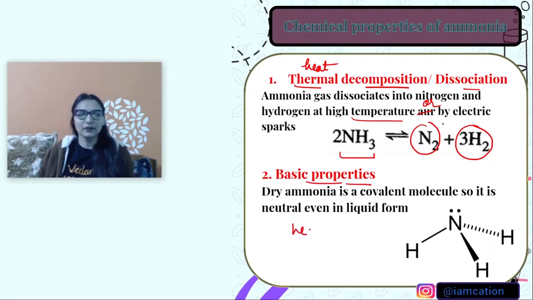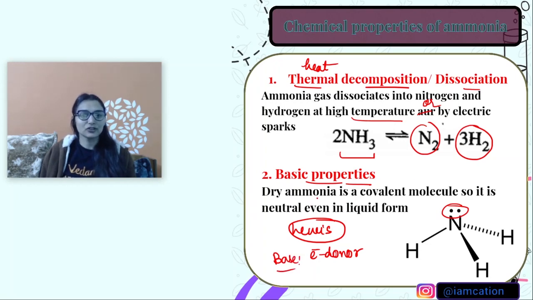Have you heard about the name Lewis? Yes. So Lewis said that any substance which is an electron donor can act as a base. So he defined bases as electron donors. And if you see ammonia over here, dry ammonia is a covalent molecule. We have seen it. And nitrogen is having a lone pair of electrons. Now this lone pair of electrons is available for donation.